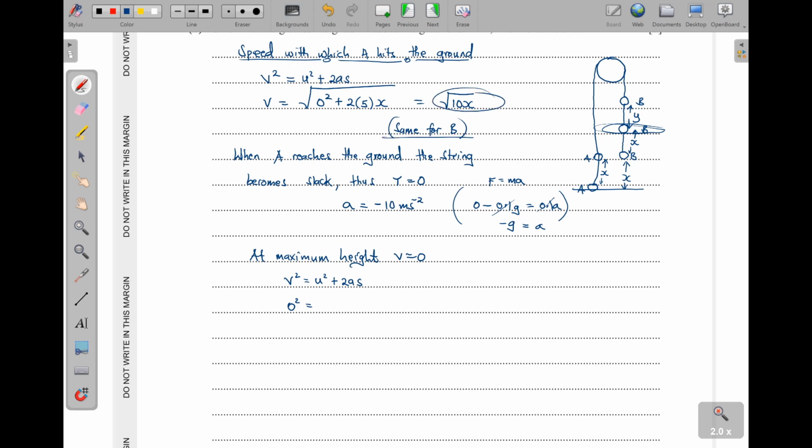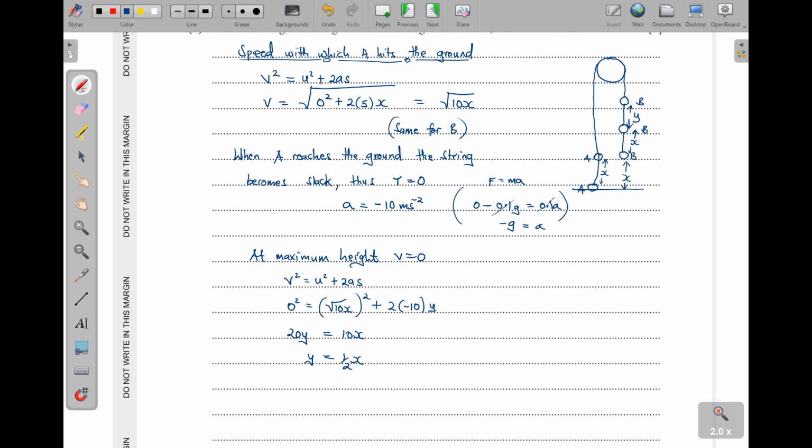That's why I said same for B. Now, we are going to have root of 10x, and this one we square it, then plus 2 times negative 10, and the distance is y. So this one will be negative 20y. When it crosses, it becomes a plus. So I'll have 20y, which is equivalent to, this square will cancel the square root, and then we get 10x. So y can be equivalent to 10x divided by 20, that will be a half of x. So that is a half of x here.